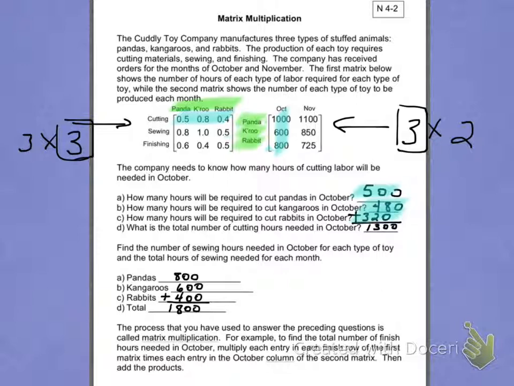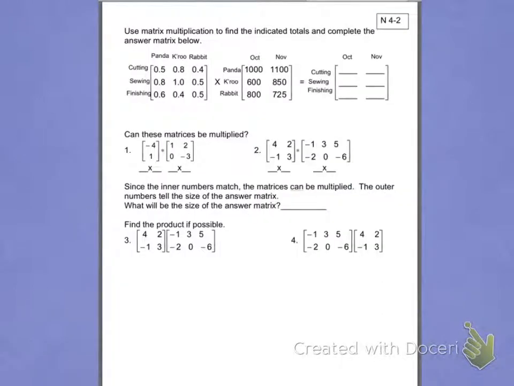Okay? Then we added them all together, and that's the answer that will be in our final answer matrix. And we will put that in the matrix on the next page, that 1,300. So let's just go over to the next page right now, and we'll put it in there. That 1,300 would go right here for the total cutting hours needed in October.